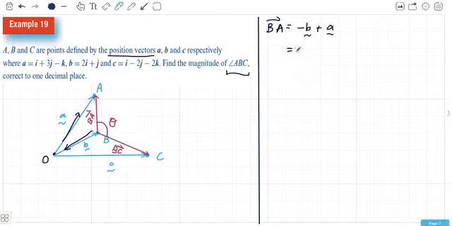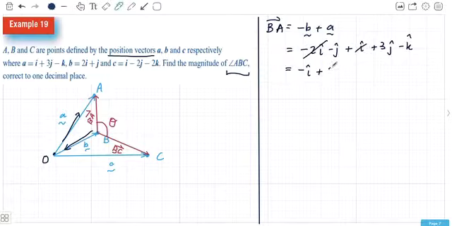So B to A would be negative B plus A, and negative B is negative 2I minus J, plus A, which is I plus 3J minus K. Putting that together, the I's give negative I, because you've got negative 2I plus I. The J's, negative J plus 3J, leave 2J, and there were no K's in the B, so we just have negative K. So that's B to A.